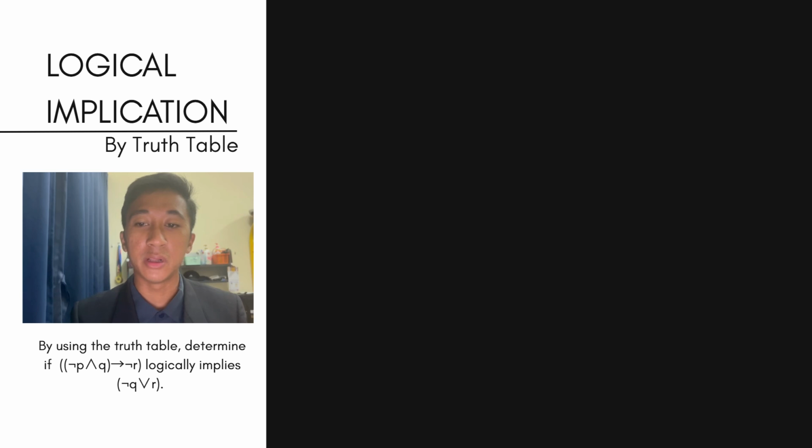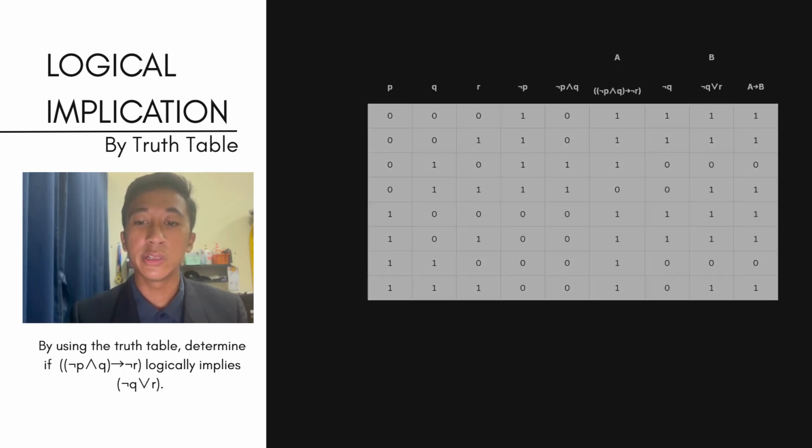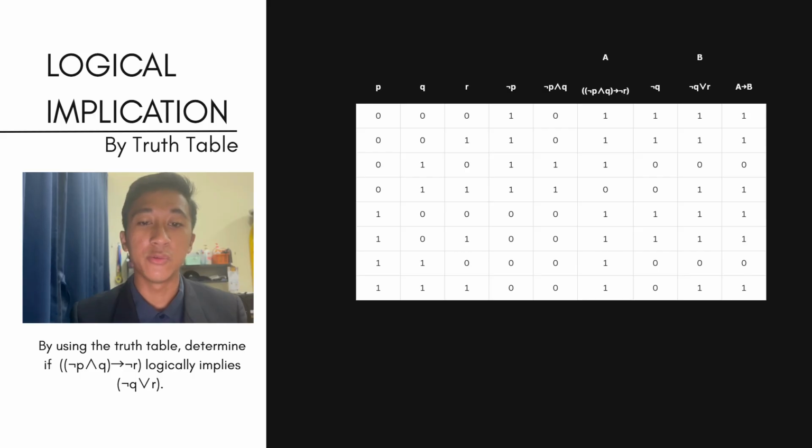In our first example, we want to determine if (not P and Q) implies not R, then that logically implies (not Q or R). To do this, we construct a truth table with 8 rows to cover every possibility for P, Q, and R. We calculate the truth values for our first statement, which we will call A, and our second statement B. For a logical implication to be valid, the conditional statement A implies B must be a tautology, meaning it has to be true in every single row.